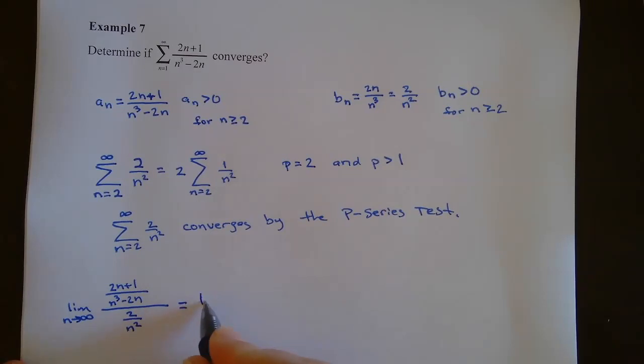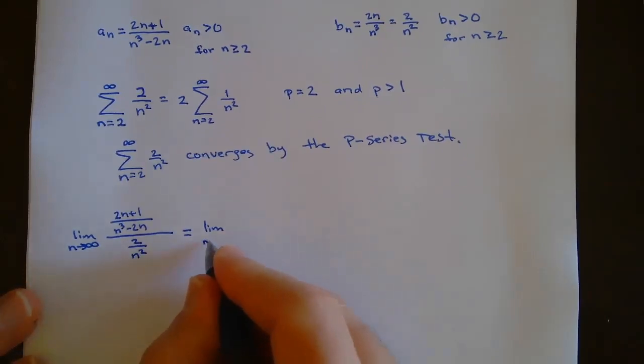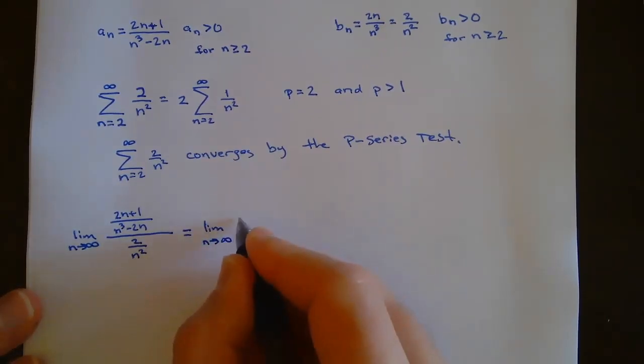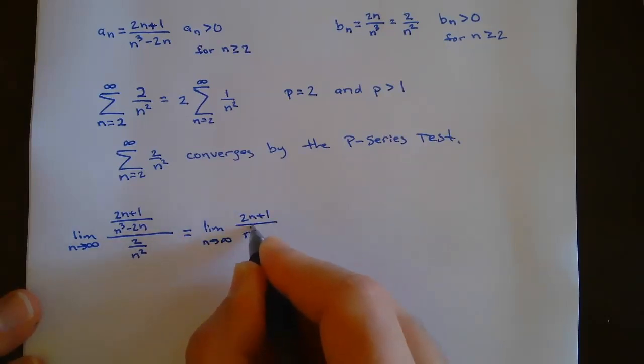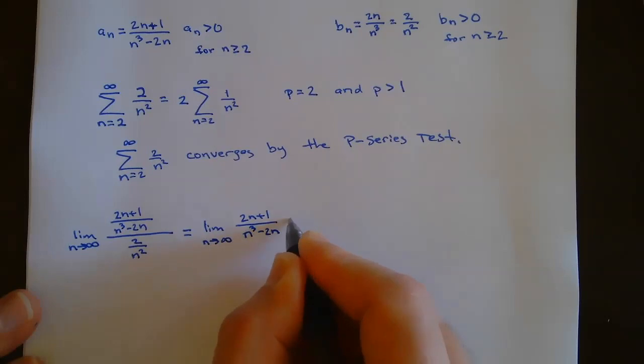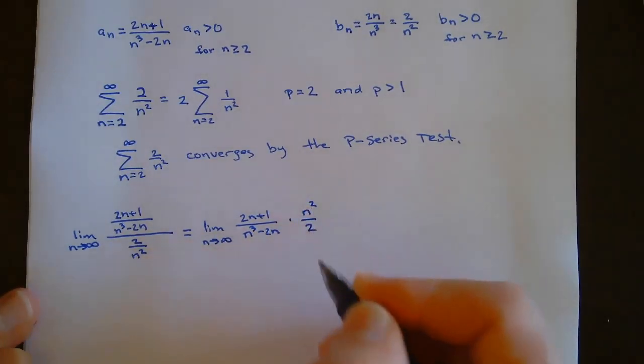Okay, so that means this is the same as the limit as n goes to infinity of 2n plus 1 over n cubed minus 2n times n squared over 2.